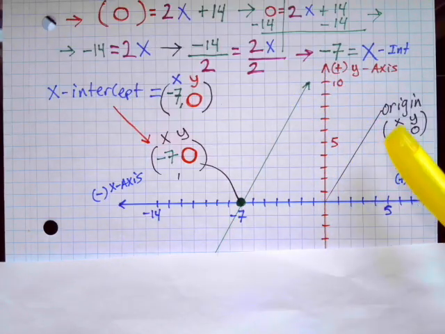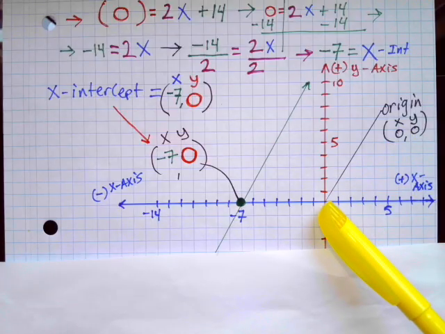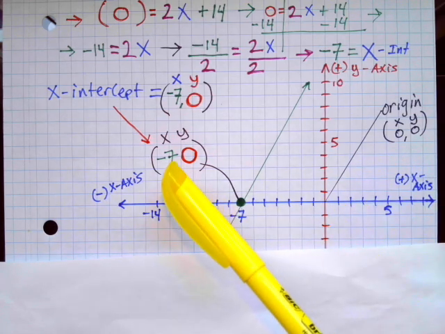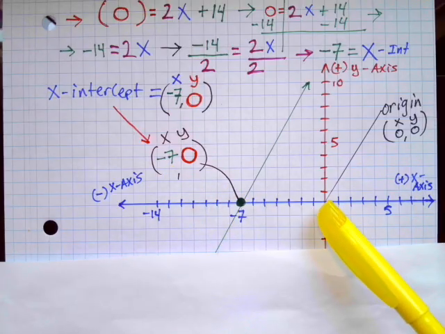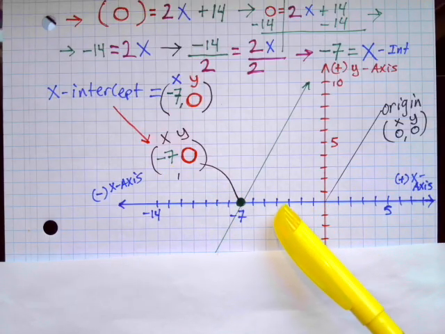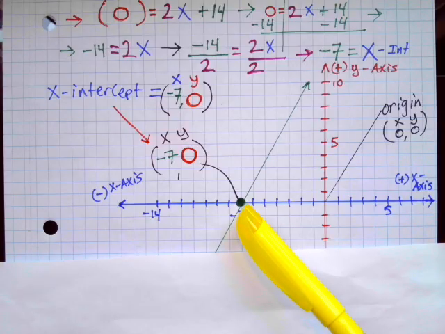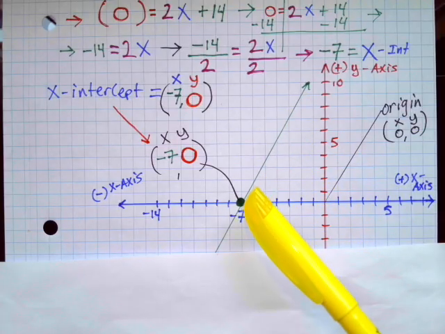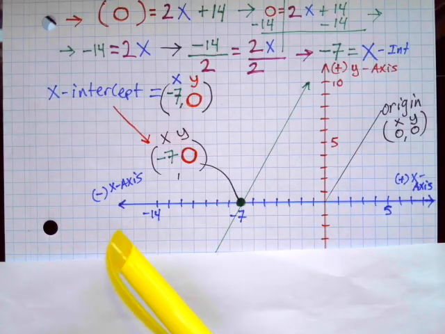Again, starting at the origin, 0, 0, we go 0 up and down the y-axis. We stay right here for the y value. And my x value is at a negative 7. So I go to the left, 1, 2, 3, 4, 5, 6, negative 7. I plot my point. And again, that is where the graph straight line will go through the x-axis, right?